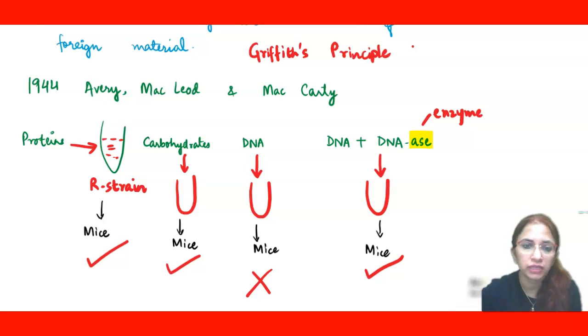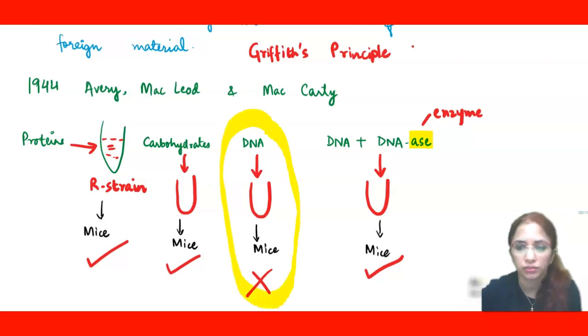So they concluded that for a transformation to happen, DNA is a must requirement. It was DNA that caused the transformation of the non-virulent strain to the virulent one. That is why Griffith was able to obtain the S strain from the dead mice.